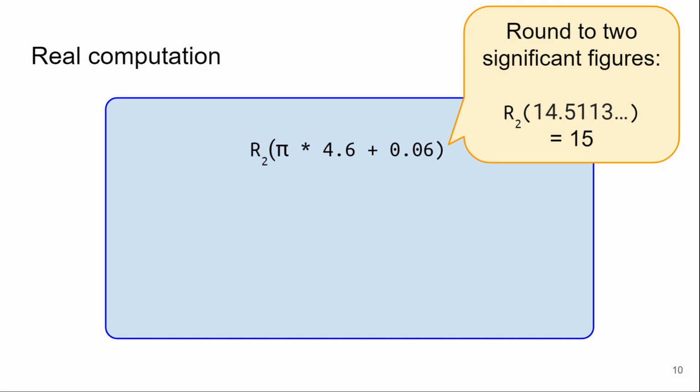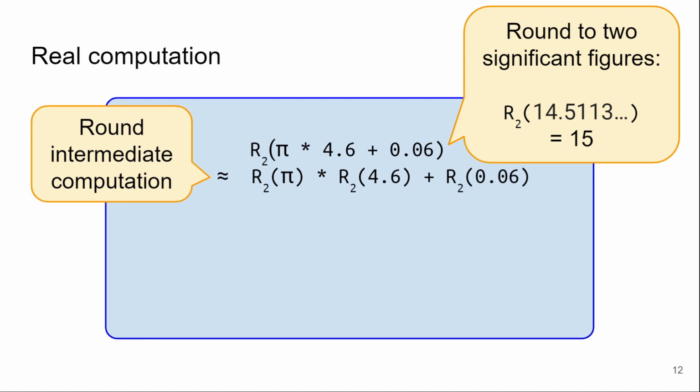Well, it's still unclear how to calculate this, because pi is still irrational and we can't do the computation then round. So one thing you might try, and this is what lots of calculators do, is they round the intermediate computations before performing the operators. So here I've written that we're going to round pi first, before we do the multiply. And then we'll get 3.1 times 4.6.